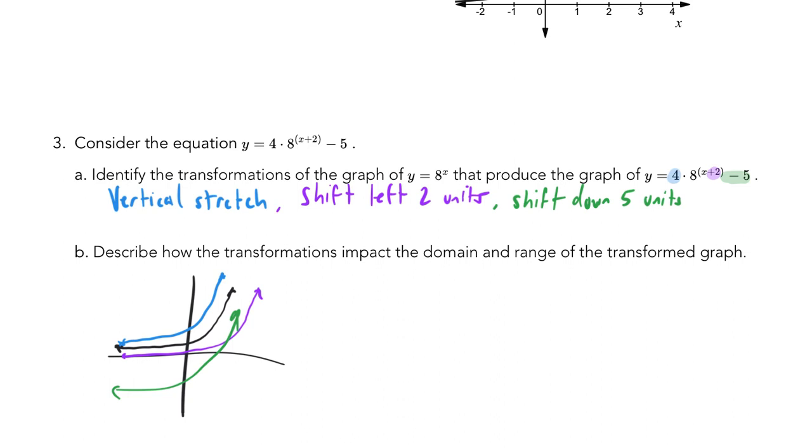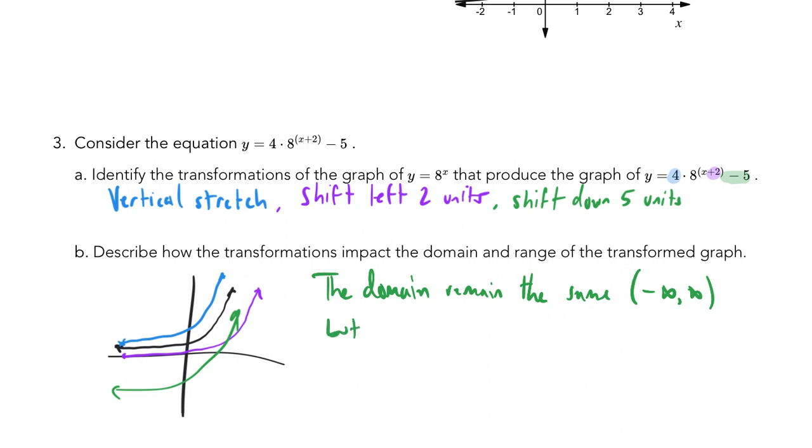So the only thing that's actually affecting anything here is the shift down, and it's only affecting the range. So the domain will remain the same, and that's at negative infinity to positive infinity.